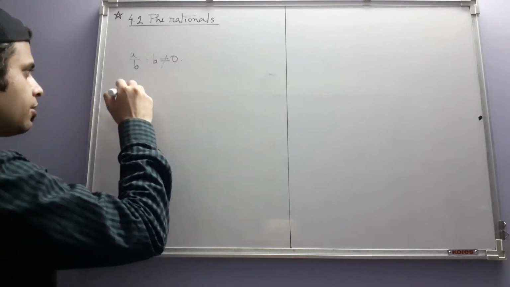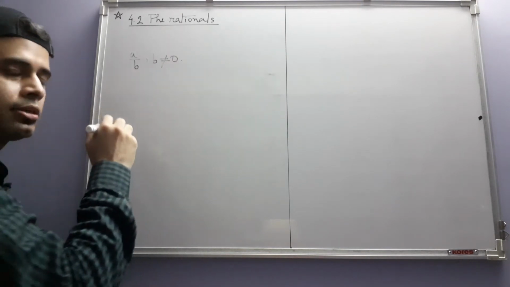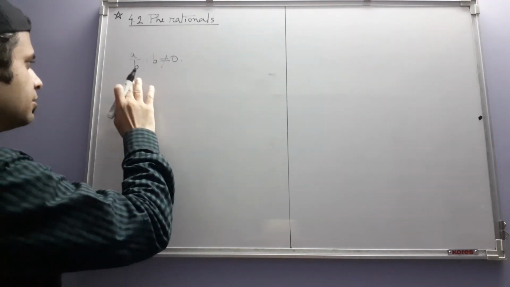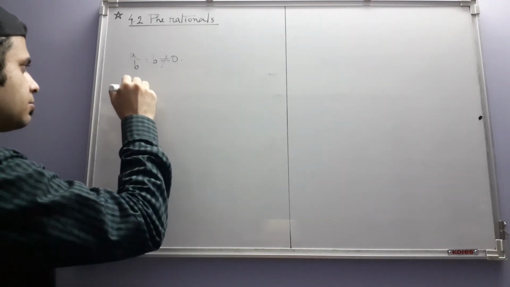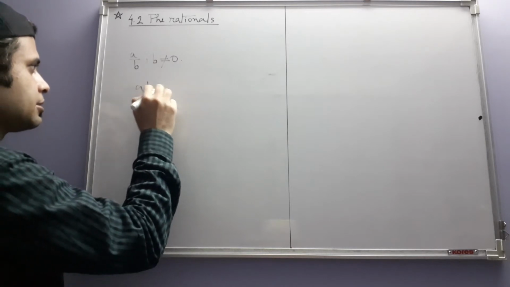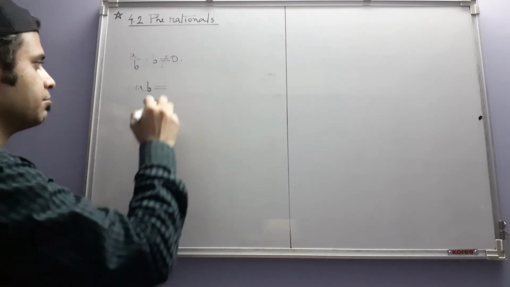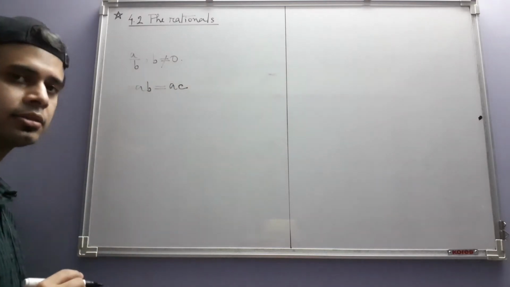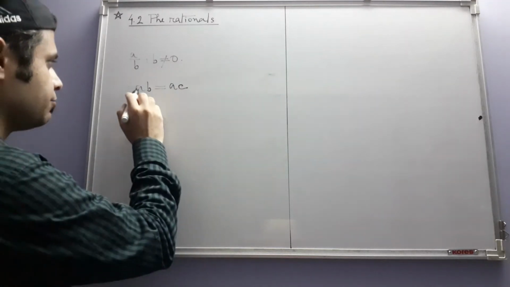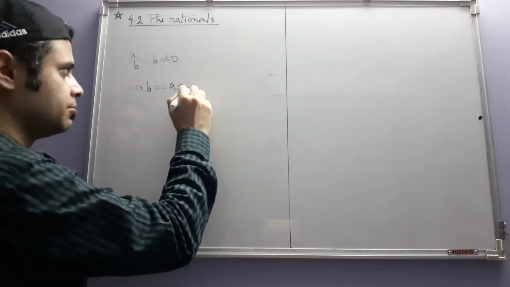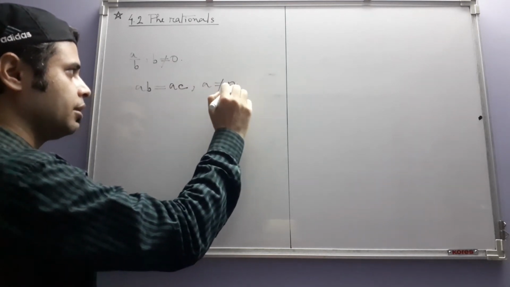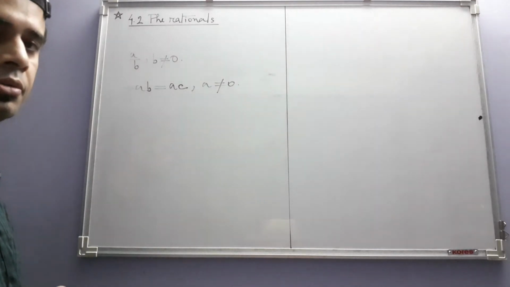And one of those laws is the cancellation law with respect to multiplication. You see, let me just discuss it in the context of real numbers themselves. Say a, b and c are three real numbers, and we have ab equal to ac, and also at the same time we have a non-zero.